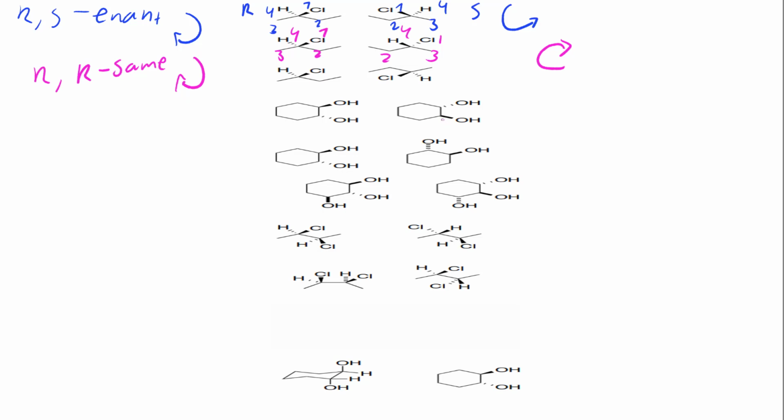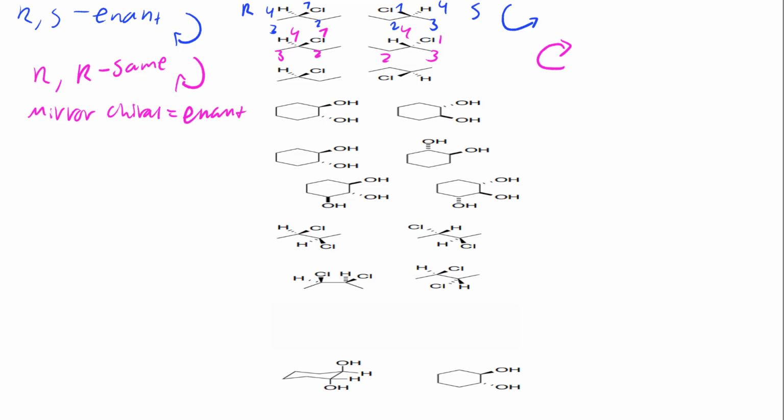I'll come back to it. Okay, so we have a mirror. And we don't have a plane of symmetry. So what do you know about the mirror of a chiral molecule? The mirror of a chiral molecule is going to be an enantiomer. So mirror of chiral equals enantiomer.